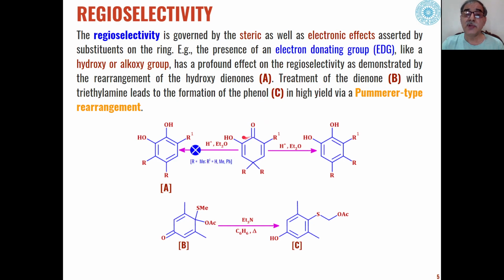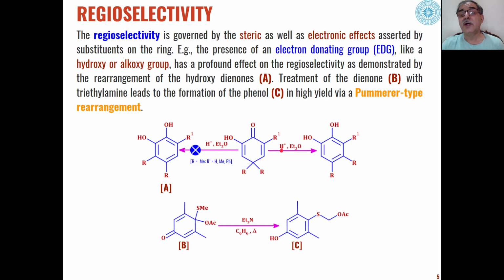So, for example, if we are having an electron donating group like hydroxyl or alkoxy group present at a position adjacent to the dienone. For example, this is a substrate, 4,4-disubstituted cyclohexadienone, where at the ortho position we are having an electron donating group like hydroxyl group.